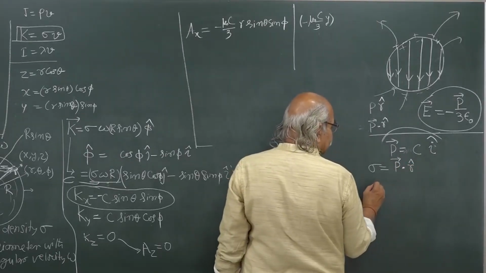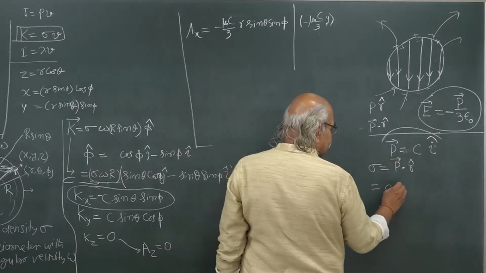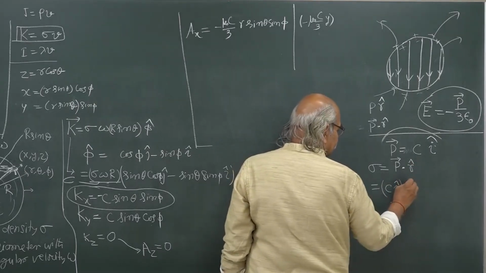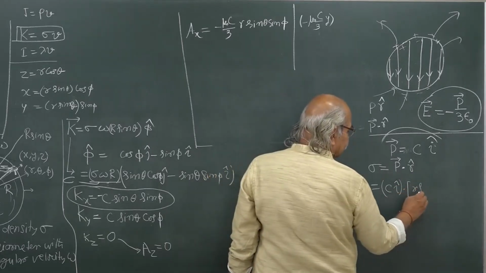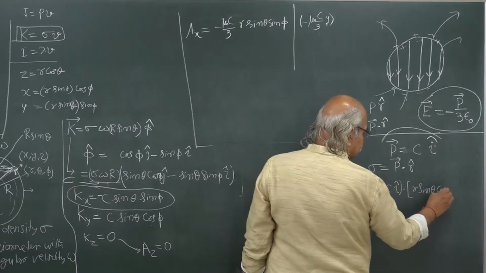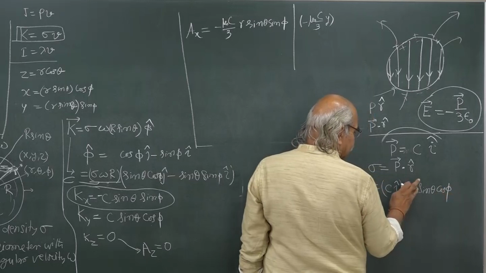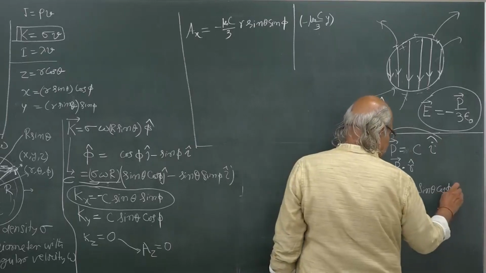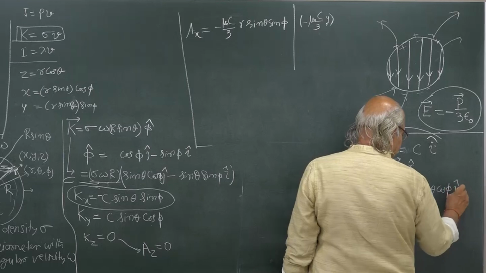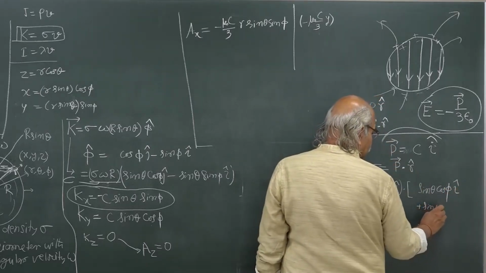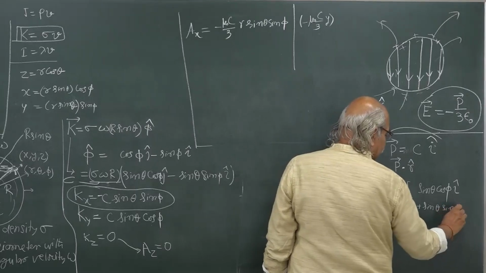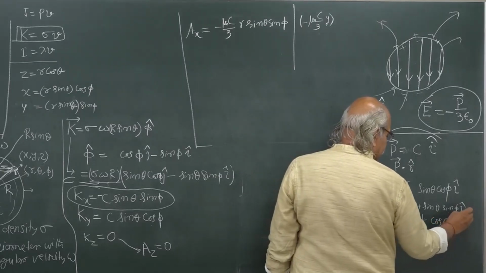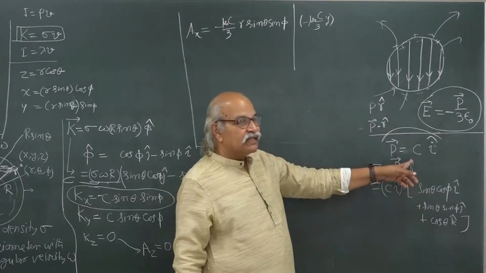Once again this P is c i cap, dotted with the r cap vector, which is sin theta cos phi in the i cap direction, plus sin theta sin phi in the j cap direction, and plus cos theta in the k cap direction.